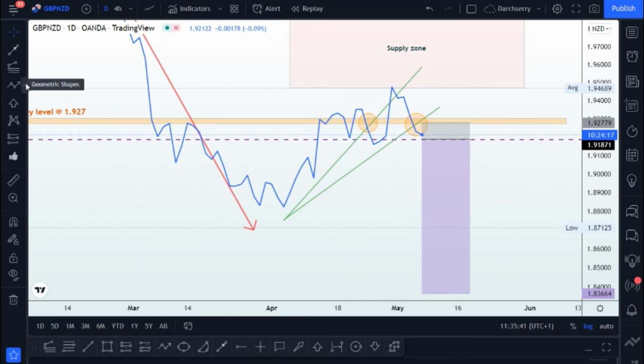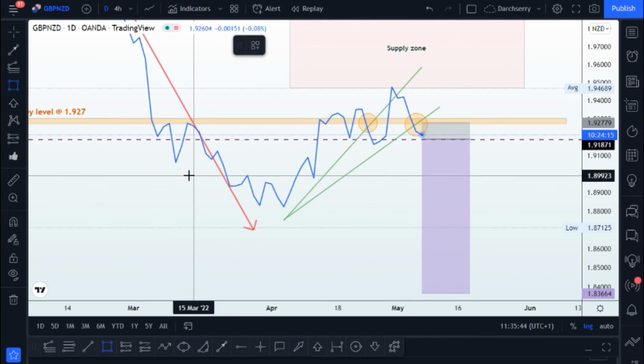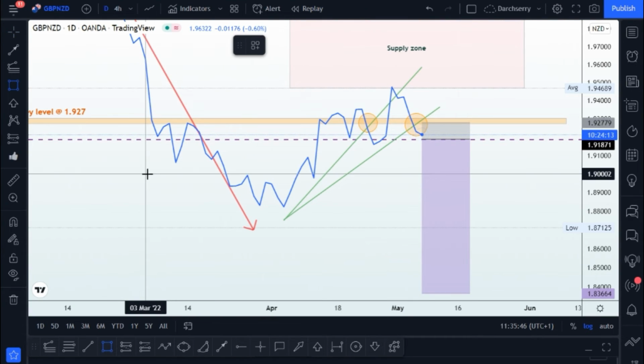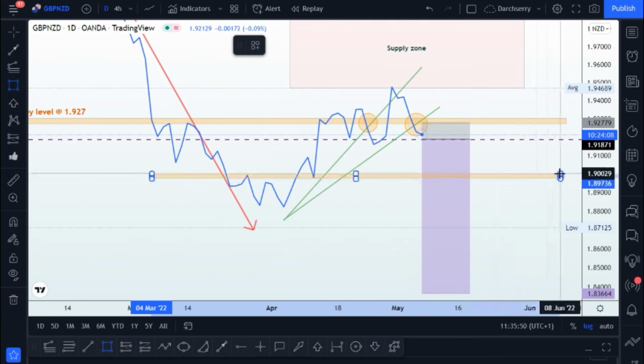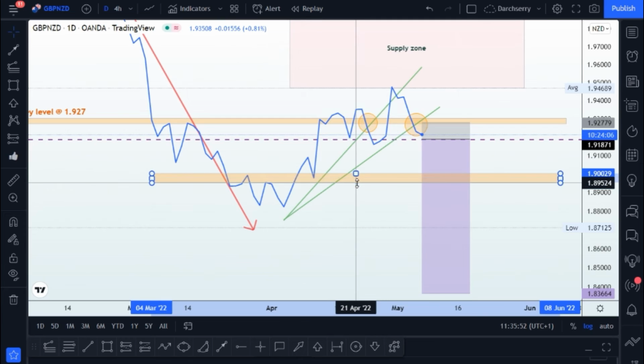So if we bring out our retracement tool, we could look at this area and see that we have structures.